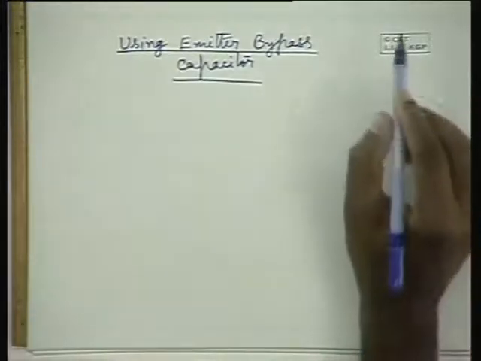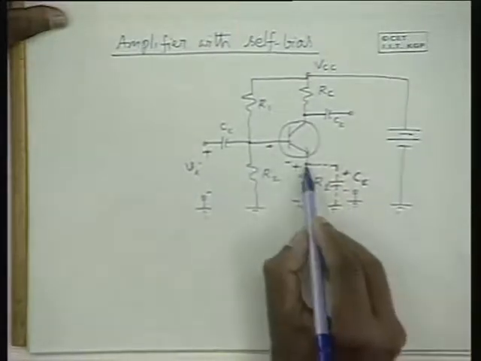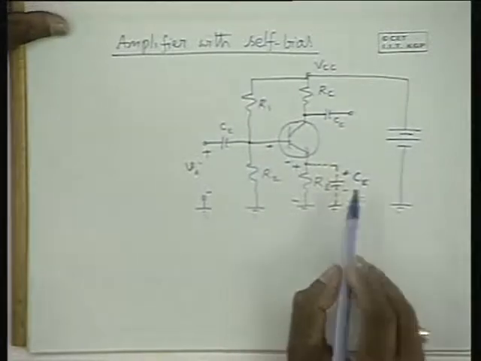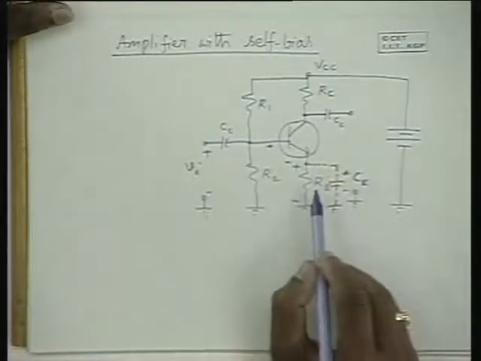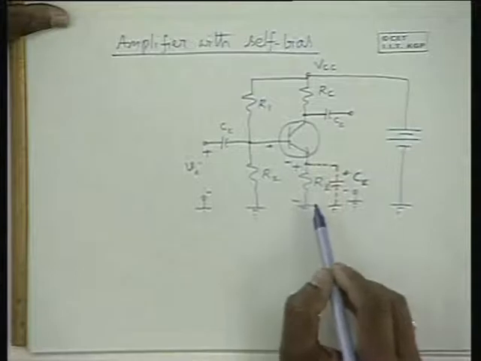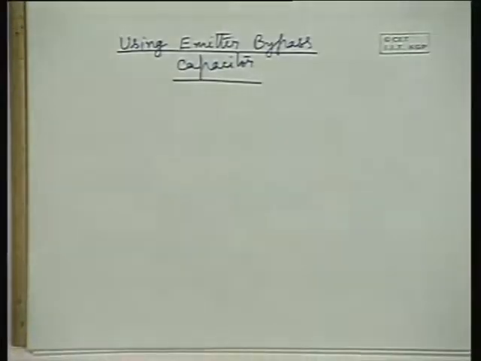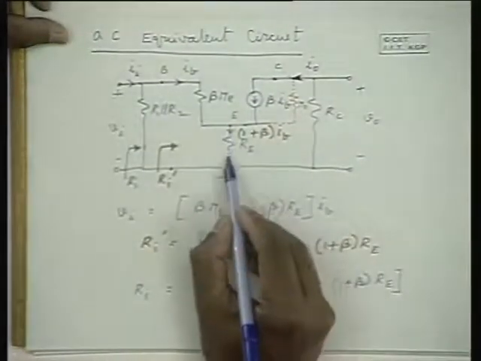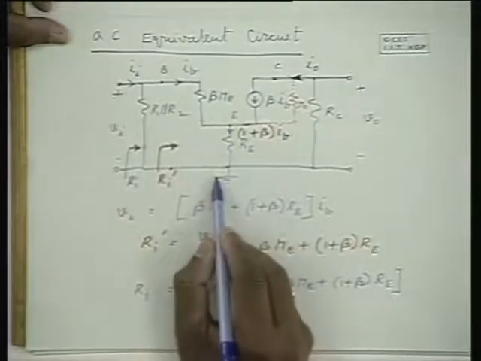So when the capacitance is introduced, for AC analysis, you can replace RE by a short circuit because it is a very low impedance, of the order of a few ohms or a fraction of an ohm, and this can be treated as a short circuit for all practical purposes. Therefore, in the equivalent circuit, when the emitter bypass capacitance is used, this RE is out.